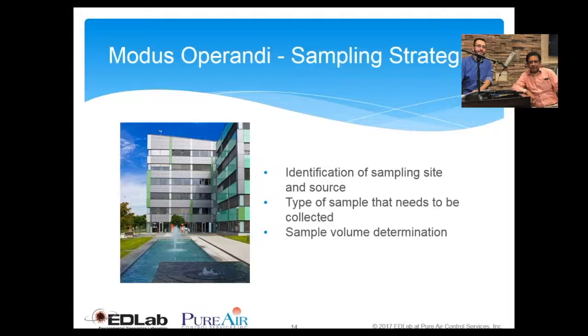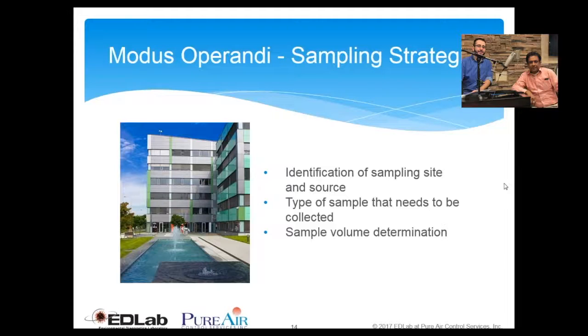Then identify the type of sample, whether you are collecting a water sample, a swab sample, meaning a surface sample, or bulk samples such as soil from a potted plant. And if it is possible, determine the volume beforehand in order to get your logistics correct, so that you carry appropriate sample containers, swabs if needed, or any other essentials required for that particular situation.